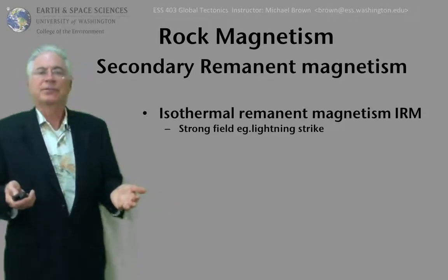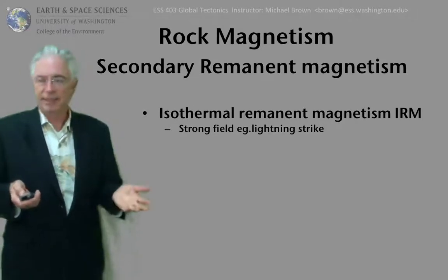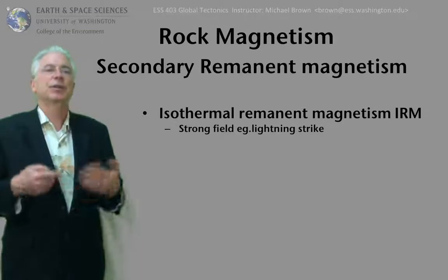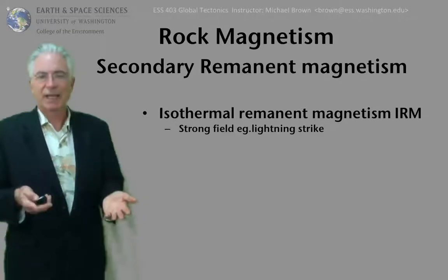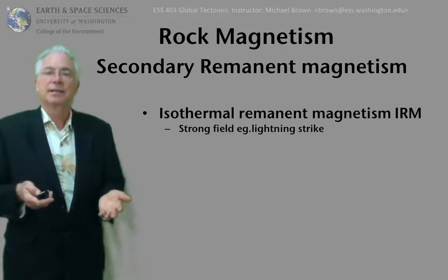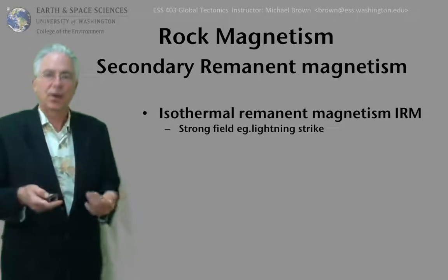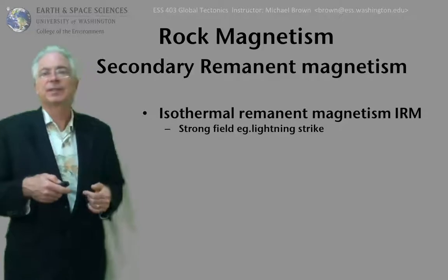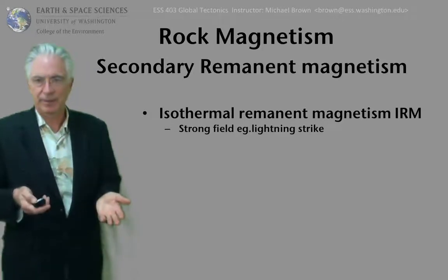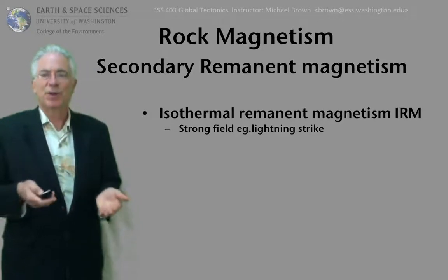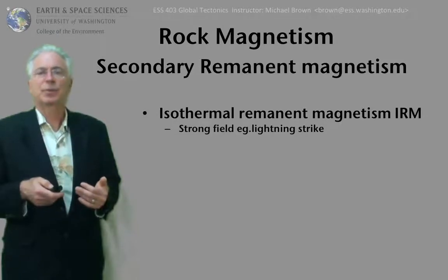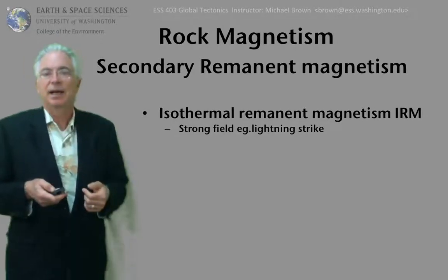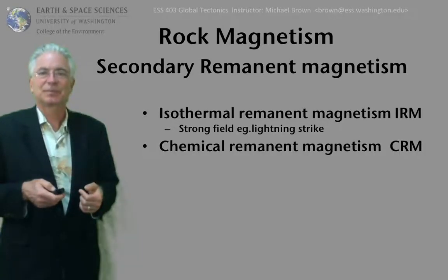An example of this in nature would be lightning strikes on rock outcrops. The strong currents generate strong magnetic fields, which can realign the magnetization of the rocks. And thus, one has to have care in selecting rocks to do paleomagnetic studies. You don't want to sample rocks that have had their magnetization reset by a lightning strike.